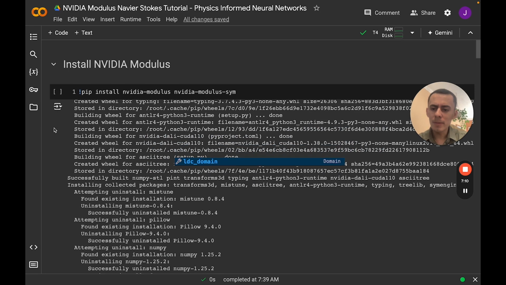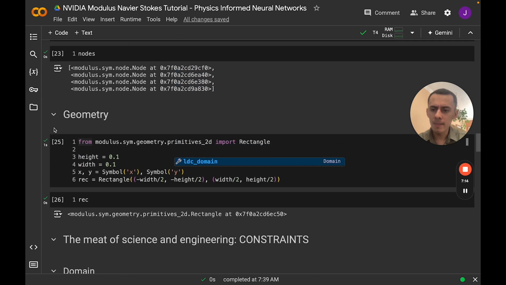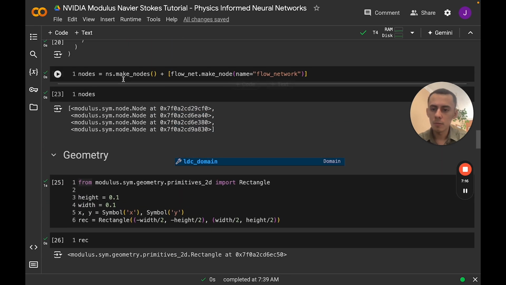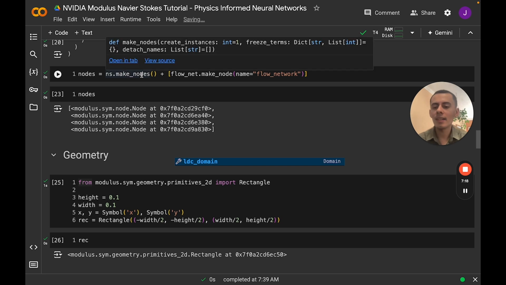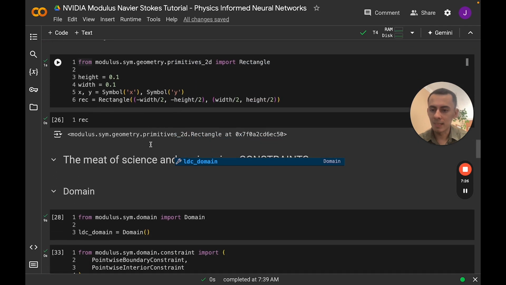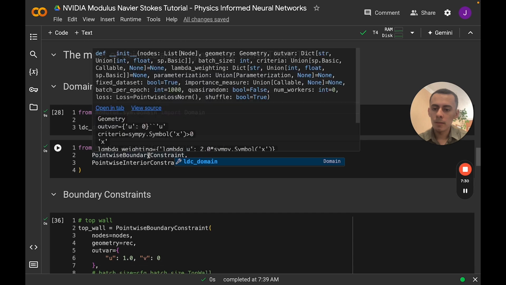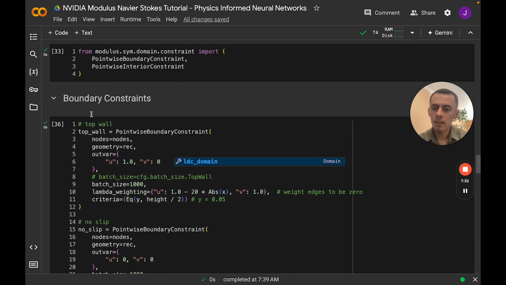If you remember, we had our nodes, with the mathematical model, the partial differential equation, and the neural network fully connected architecture, which is going to be the approximation of U, V and P at the end of the day. We had the geometry. Then we created the LDC domain.